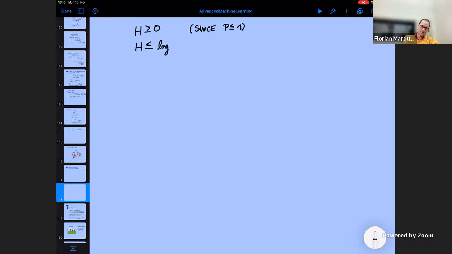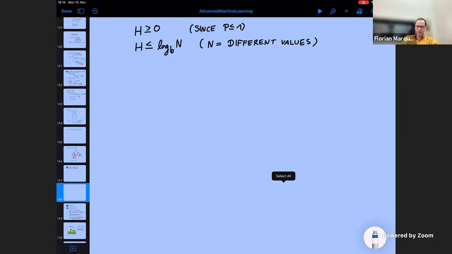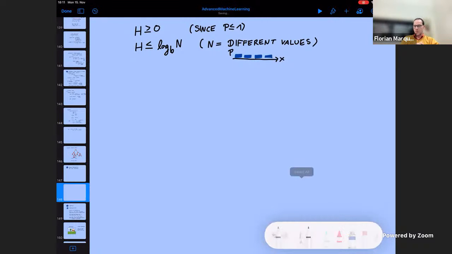And the largest value that you can take is the logarithm of n, if n is the number of different values that your random variable can take. And so this would be achieved in the situation where you have an even distribution over all the n values.